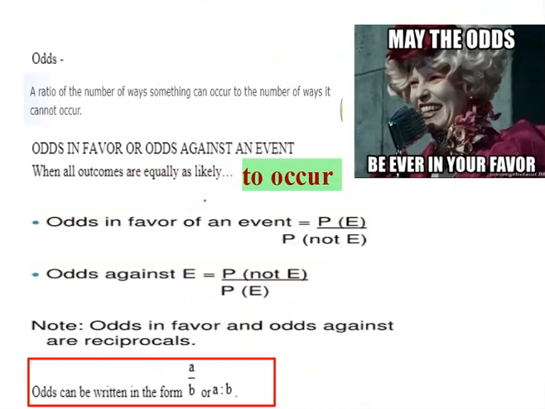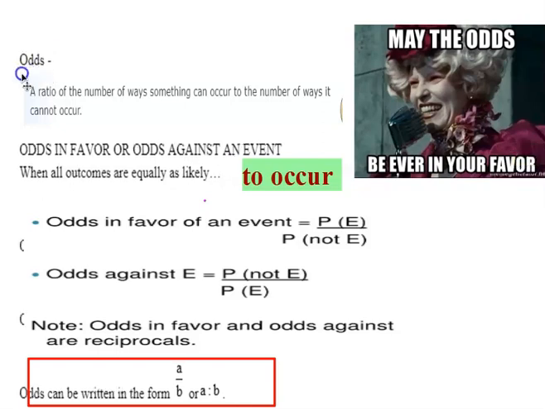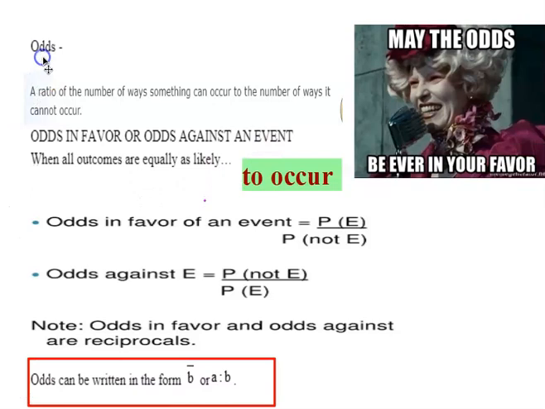All right, may the odds be ever in your favor. If you ever watched Hunger Games, that's what they're talking about, the odds. The odds are something that can occur compared to the times it cannot occur. So you go into the Hunger Games or you don't go into the Hunger Games. There is no total. Odds in favor are when they are equally likely to occur.